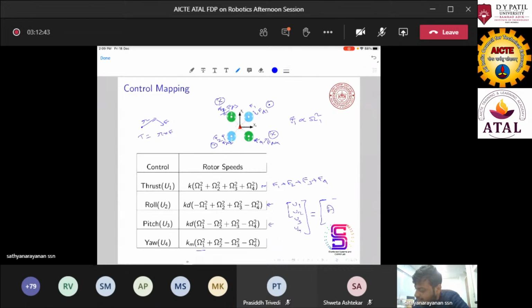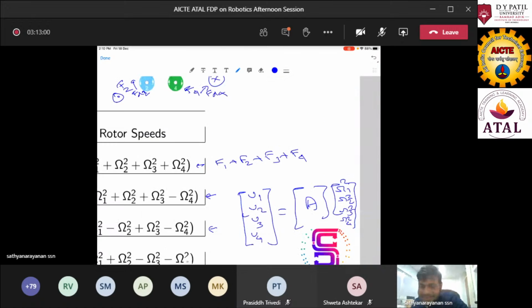There's a map A and your omega 1, omega 2 square. You can write this U1, U2, U3, U4 in this format, and I hope you can see it.